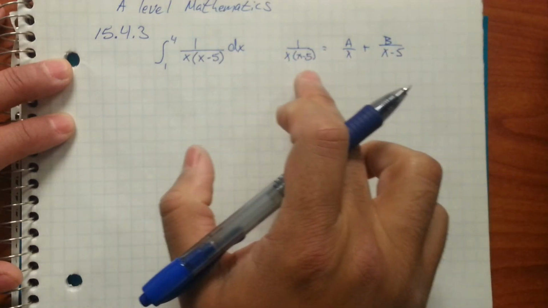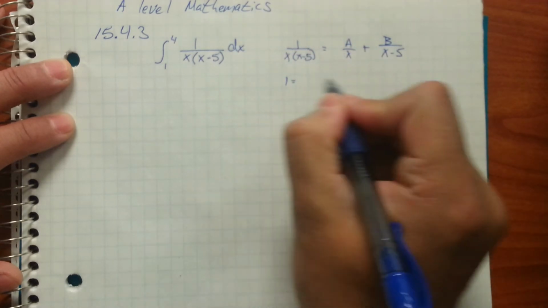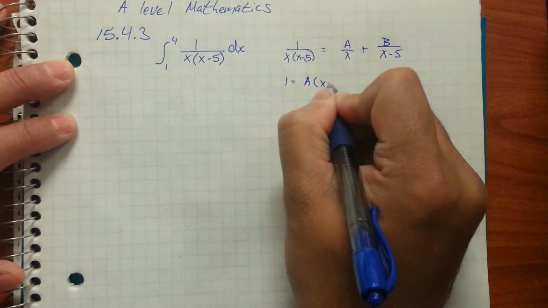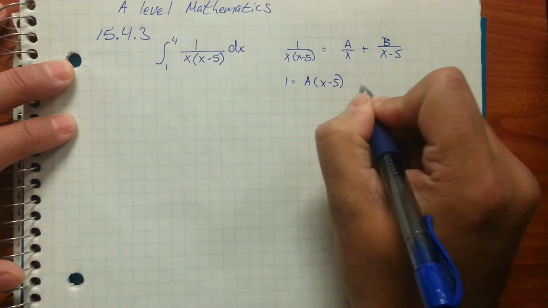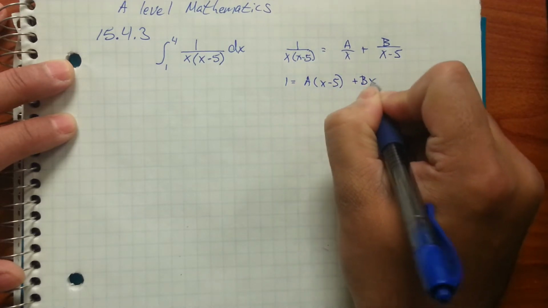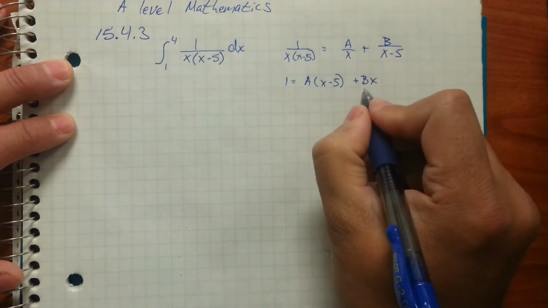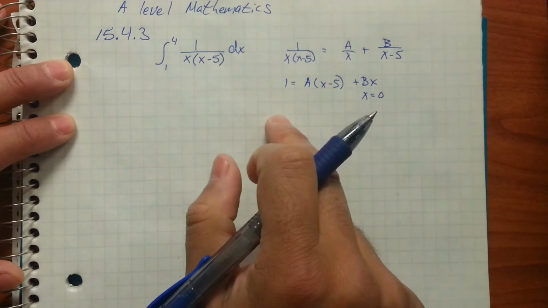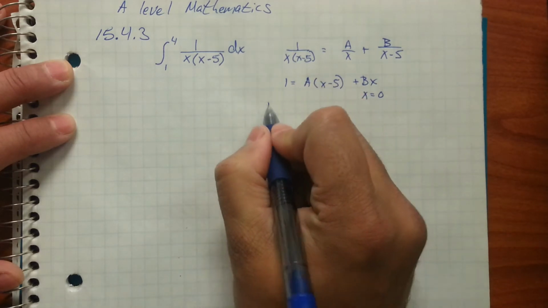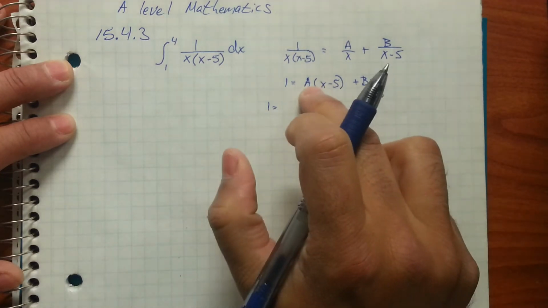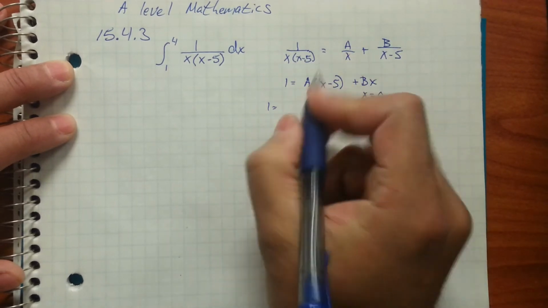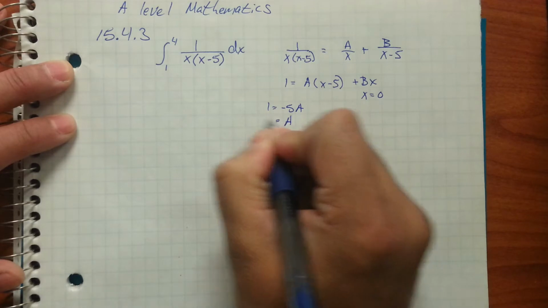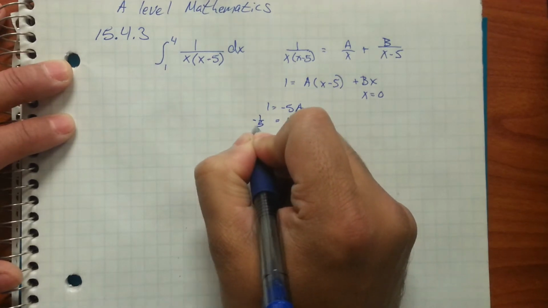Now, let's go through. I'm going to get 1 is equal to A quantity x minus 5, plus Bx. So when x equals 0, I'm going to get 1 is equal to negative 5A, so A is equal to negative 1 over 5.